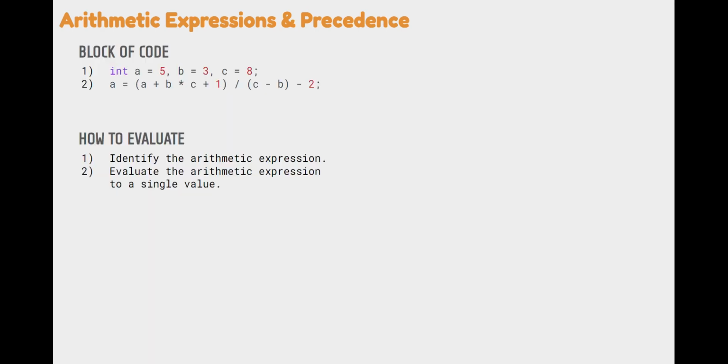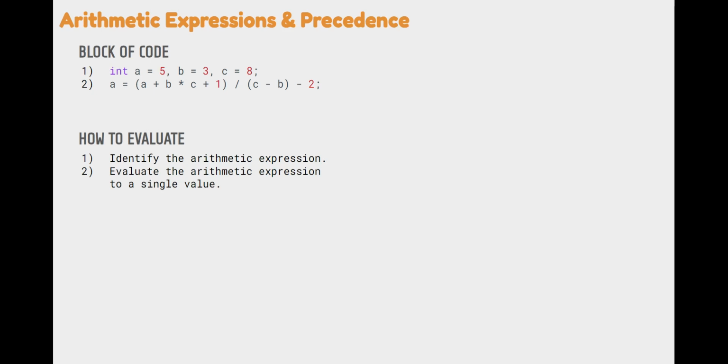So we have some simplified code right here. We are declaring 3 integer variables A, B, and C, and we are initializing those to the integer literals 5, 3, and 8, respectively. And then we have an arithmetic expression on the next line, on line 2.